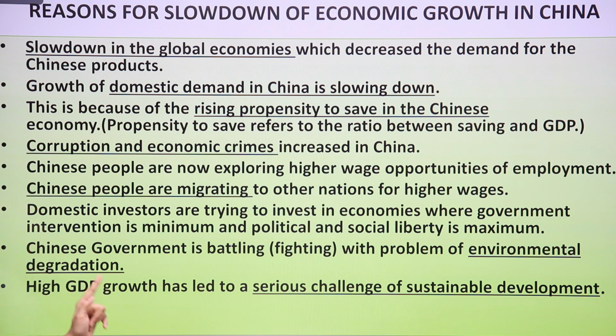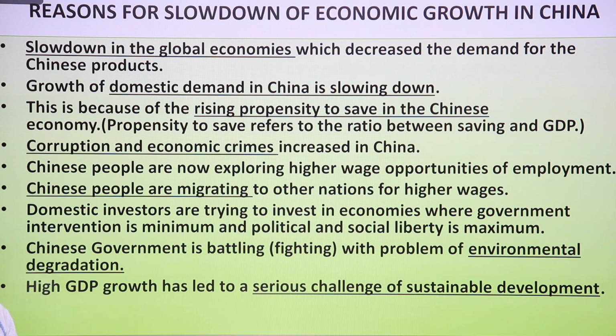Then the Chinese government is battling the problem of environmental degradation. See, when industrialization is carried on at a very fast pace, or you establish more and more industries in your country, what happens? You use more and more resources, and when you use more resources, you contaminate your environment. Your industries emit large amounts of fumes, ashes and smoke into the environment.